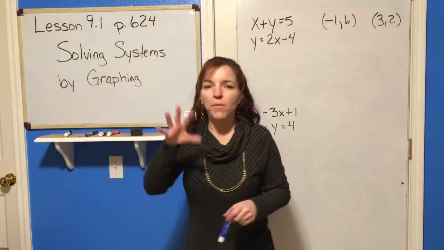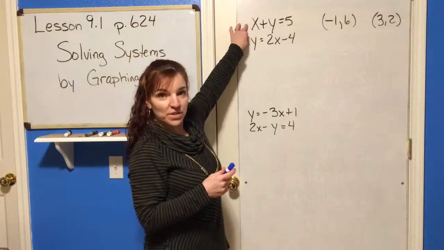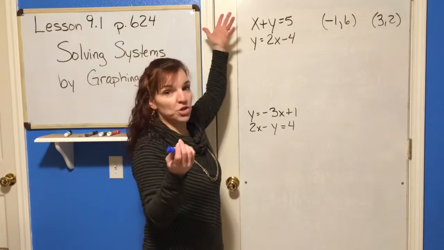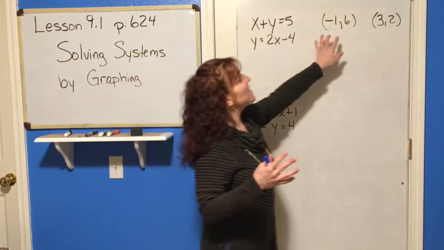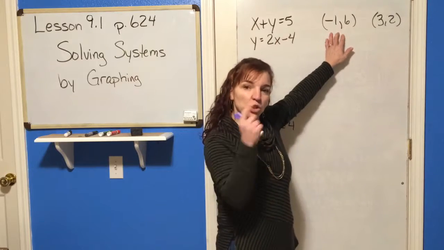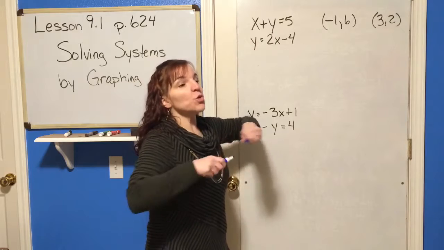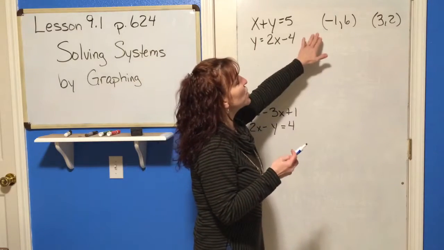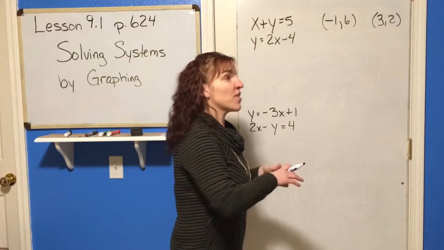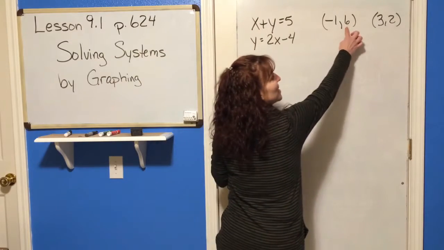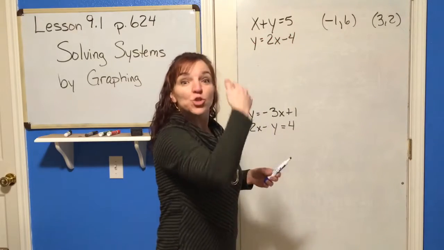The first types of problems I will give you are, I will give you a system of equations, and that's what this is right here, just two equations with two unknowns. And I'm going to say, is this, negative 1, 6, a solution to this system of equations? In order to determine if this is a solution to the whole system, this x and this y has to make both equations true.